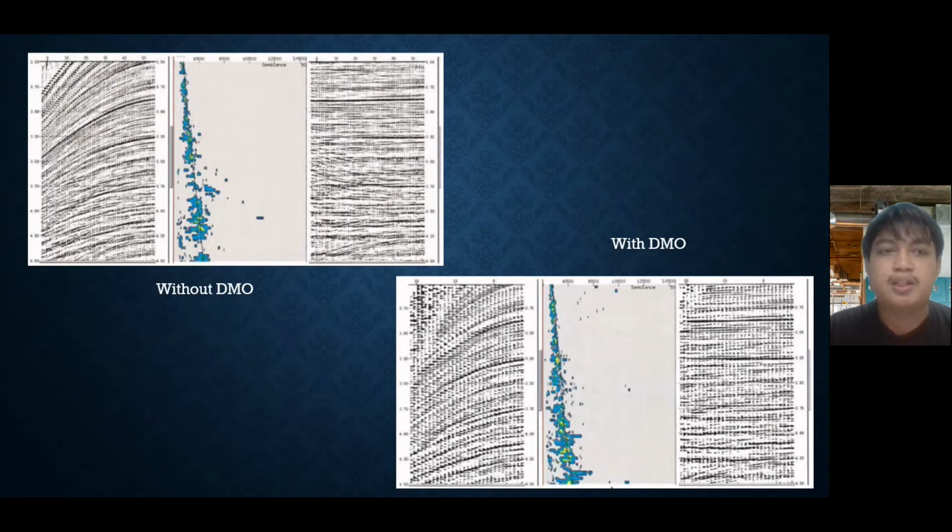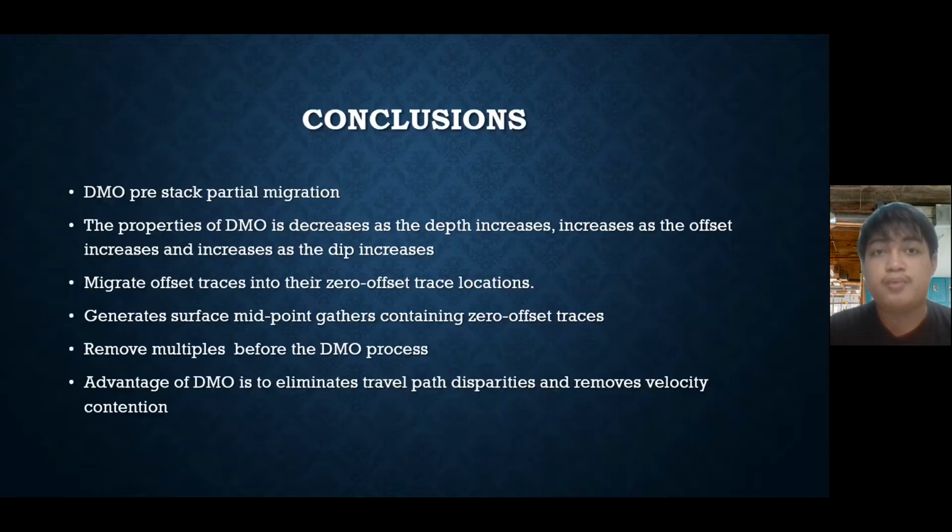And the next example is the data without DMO and with DMO, where we can see clearly that more unnecessary information is removed, and we can get more accurate data from the seismic section.